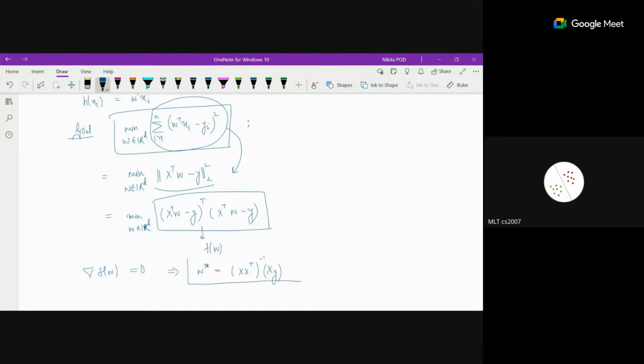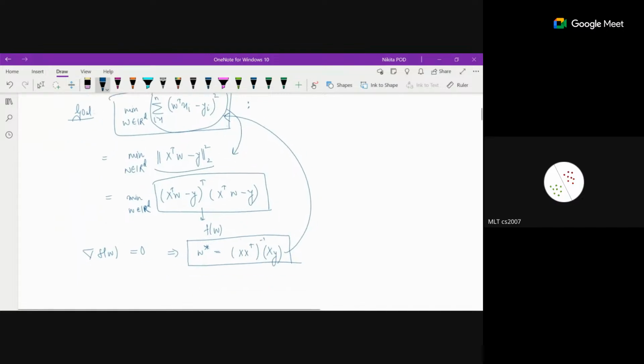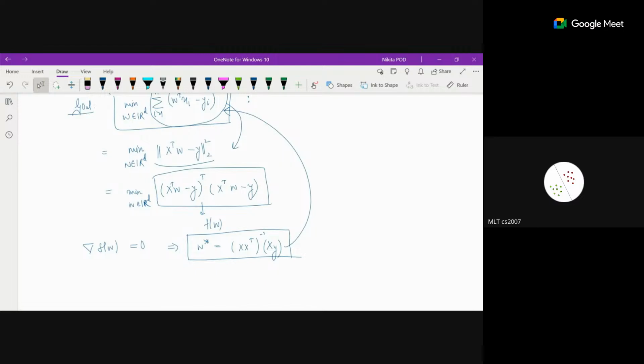So what we got is the solution to this optimization problem. This W star satisfies this optimization problem. So this is the W that we got.